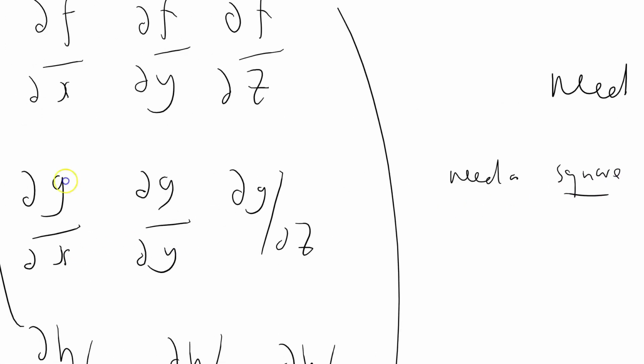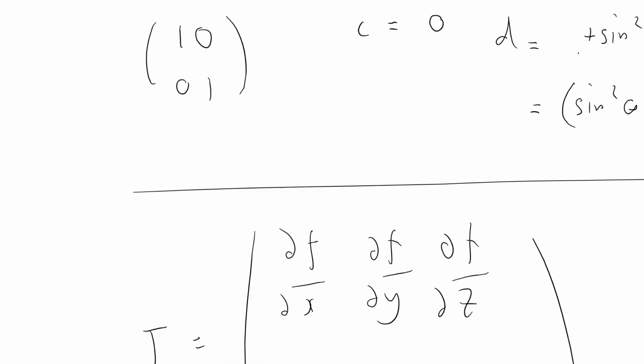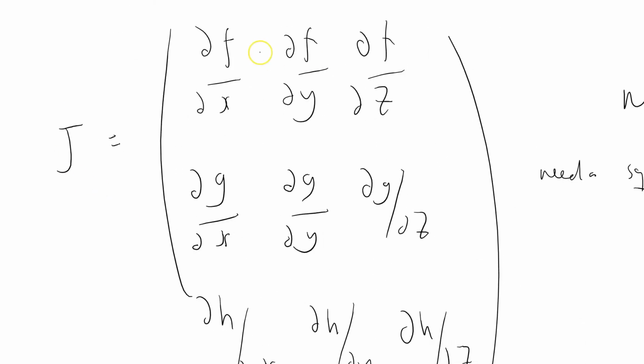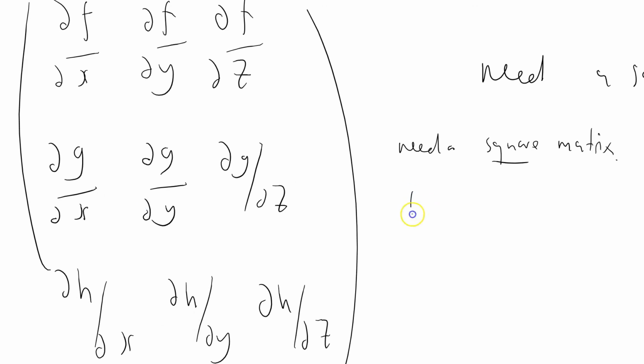Why do you need a square matrix? Well, you need a square matrix because you're mapping a vector of length 3, in this case, to another vector of length 3. It's because you need to invert it. You need to invert J, and invert J can mean two things.